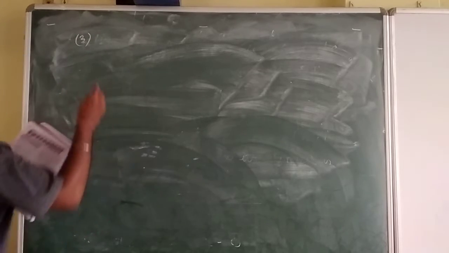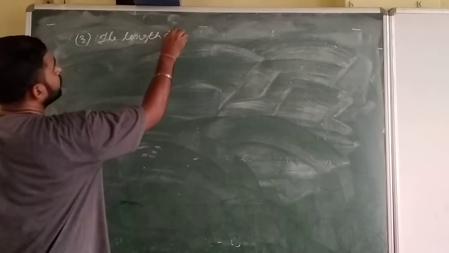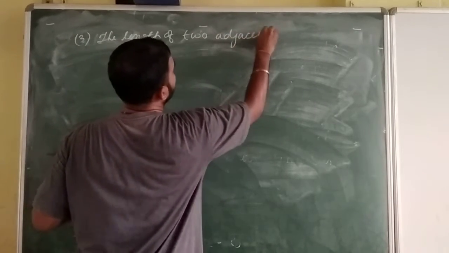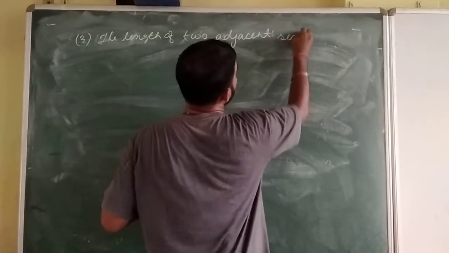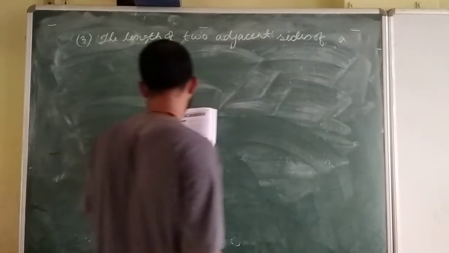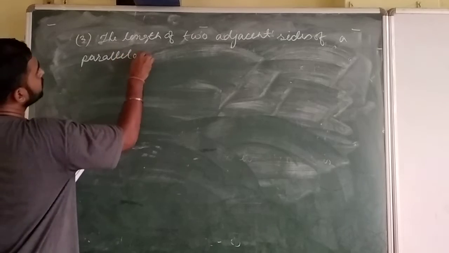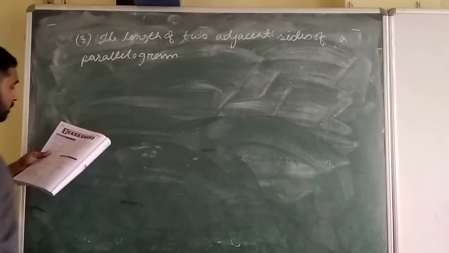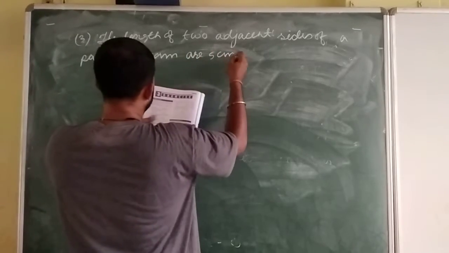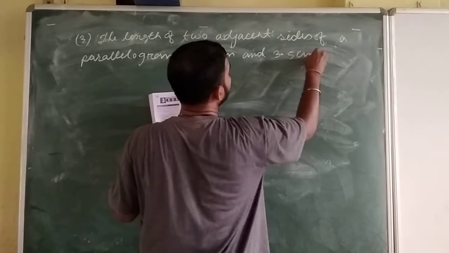The length of two adjacent sides of a parallelogram are 5 centimeter and 3.5 centimeter.